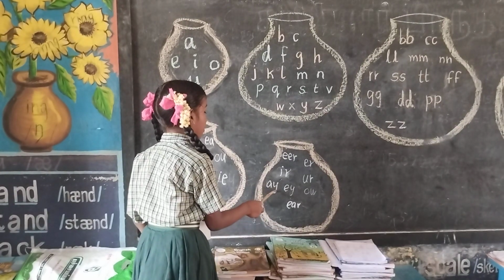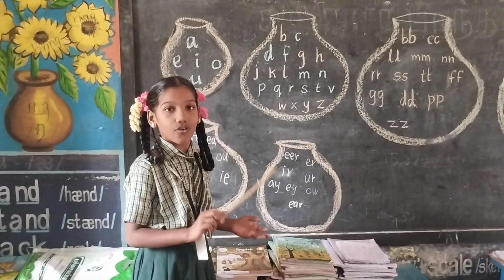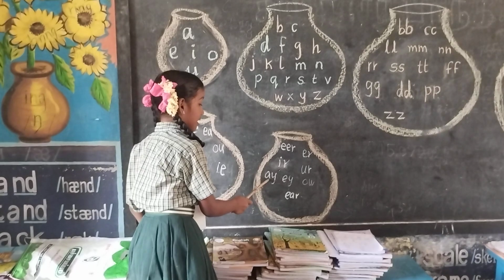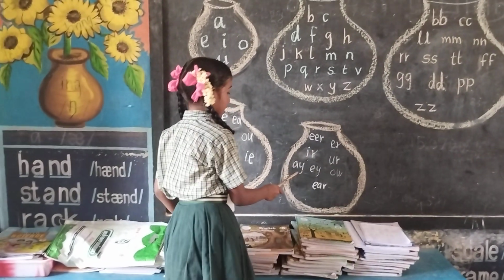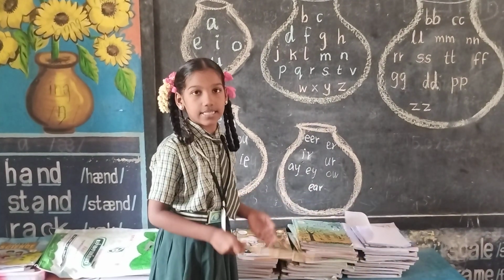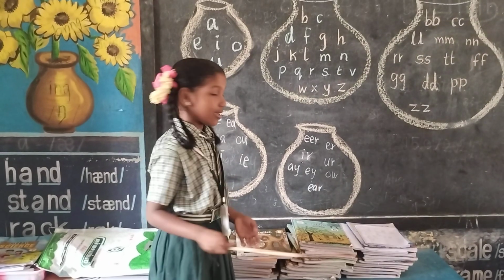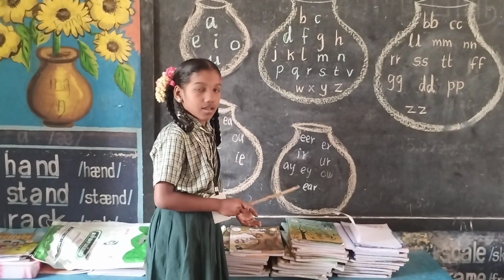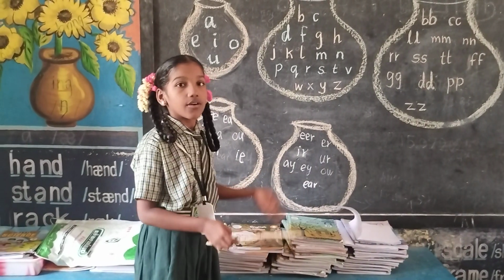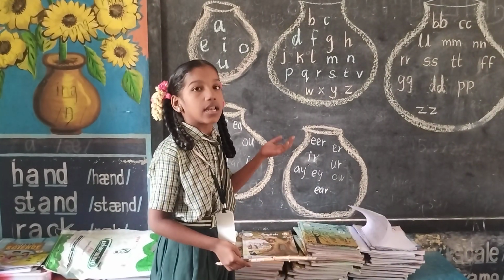The letters AY as the sound I. For example, by, lay, hey. The sound A. Give an example. For example, my, may, hey, gay. Good. Next. The letters EY as the sound A. For example, gray, lay.